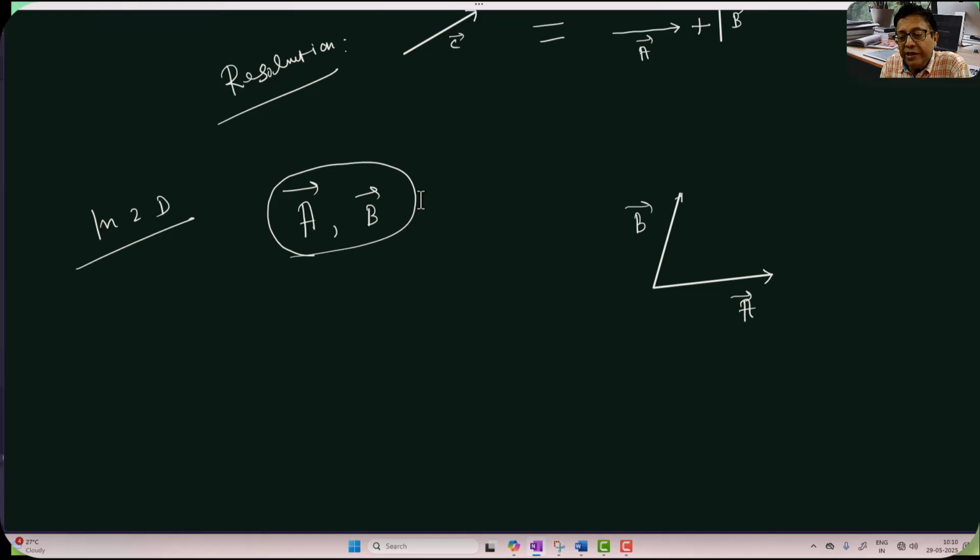This is vector A, this one vector B, and the resultant you got by the use of the parallelogram rule.